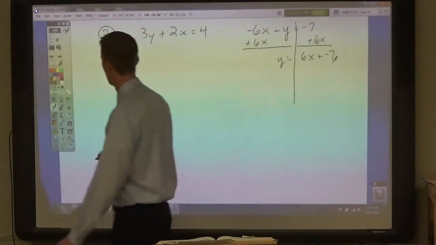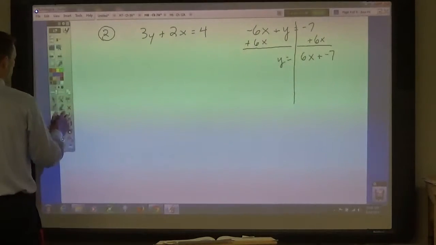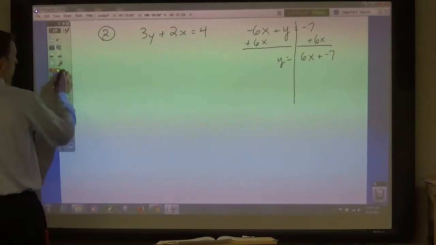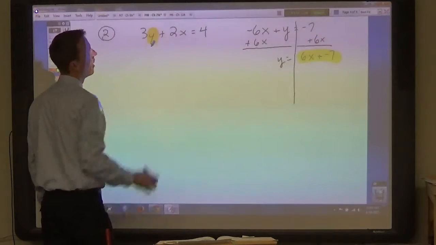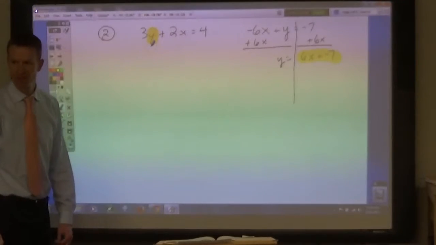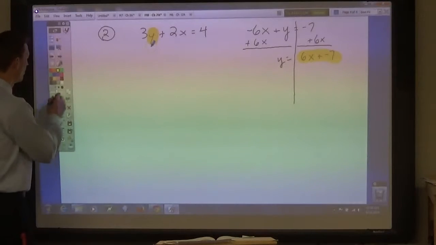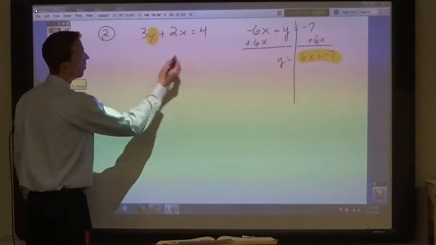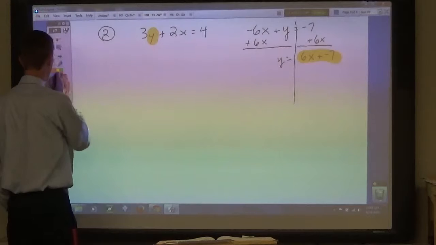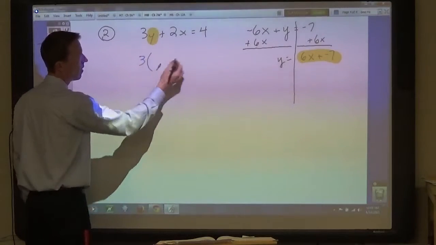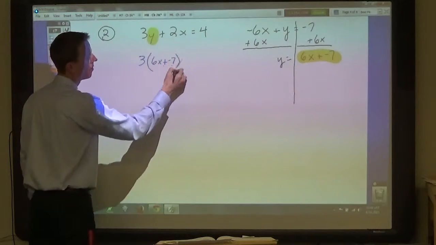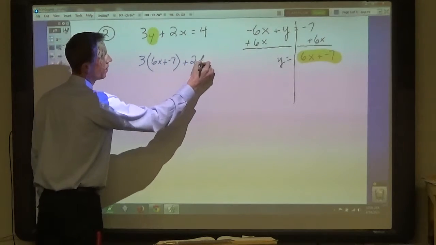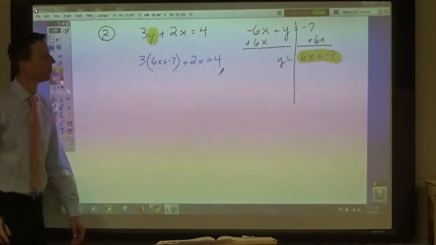Then we can take this expression and put it over here in place of y. So 3 times 6x plus negative 7, plus 2x equals 4.